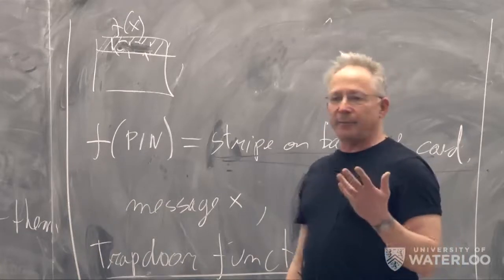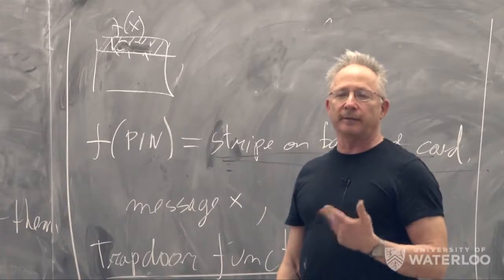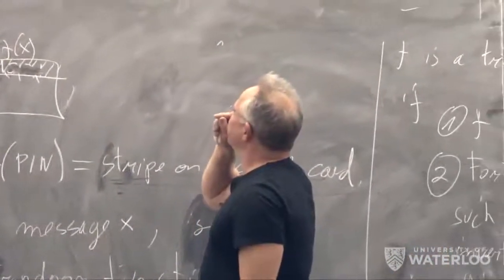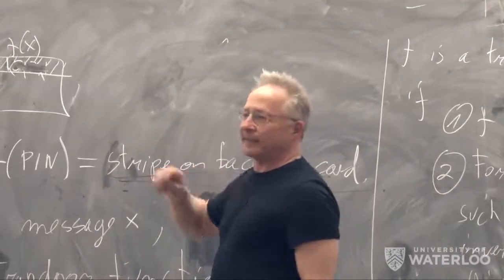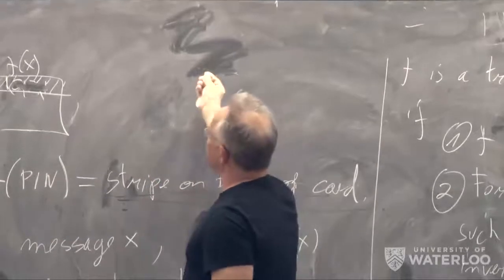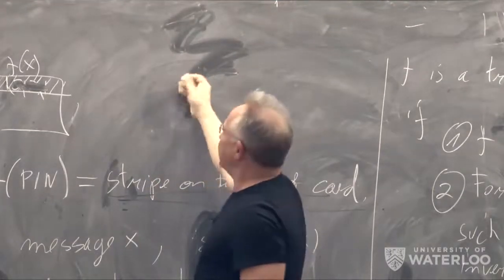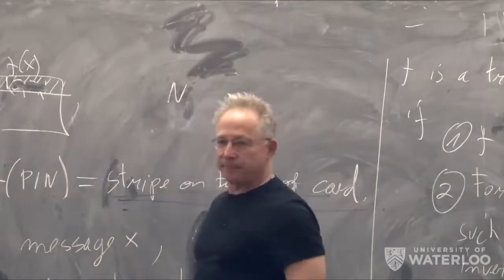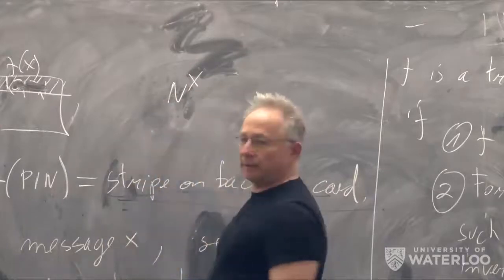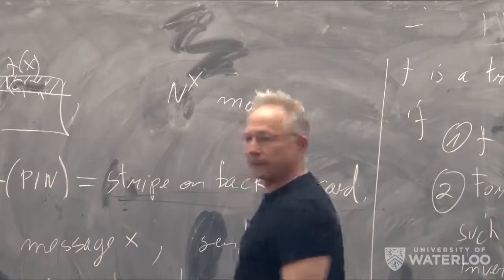An example, a simple one, is what is called the discrete log. The discrete log function is that I have some number n, and your secret is x, and I compute n to the x mod some m.